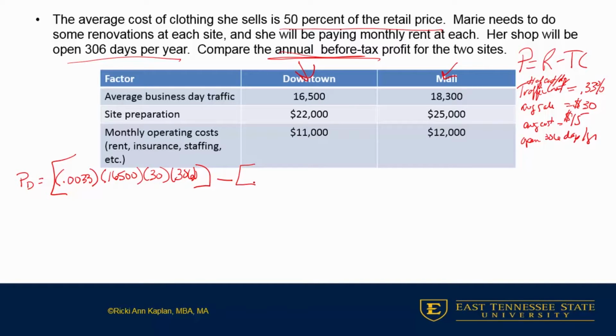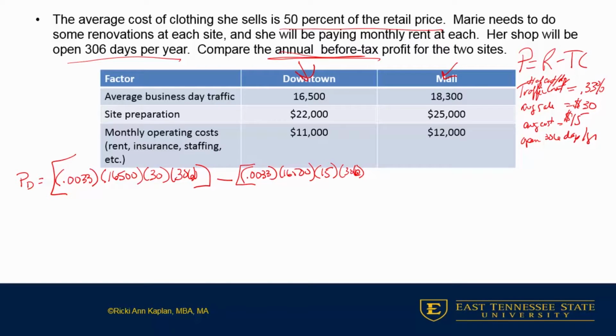Well, how much merchandise do I need? I need what I'm going to sell. So I need 0.0033 times 16,500 times the cost of the merchandise, which was $15, times the number of days. There's my variable cost. That's a 306.